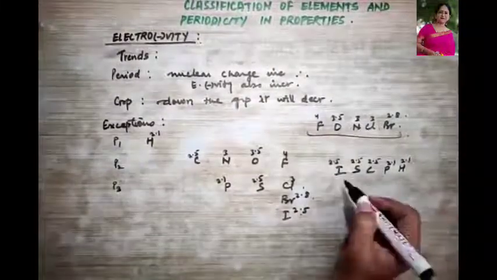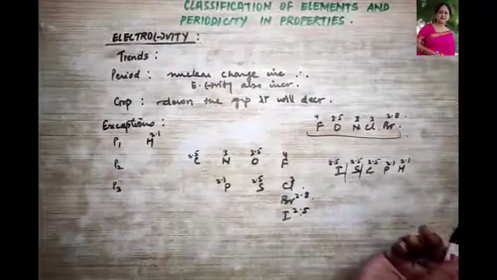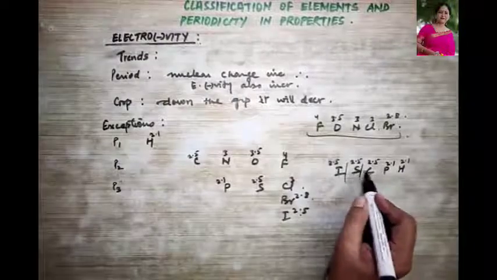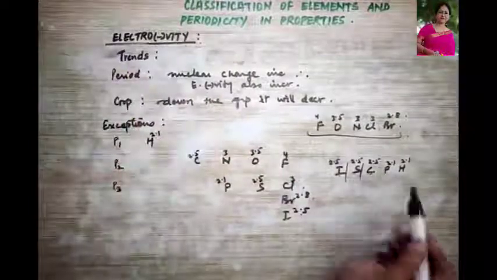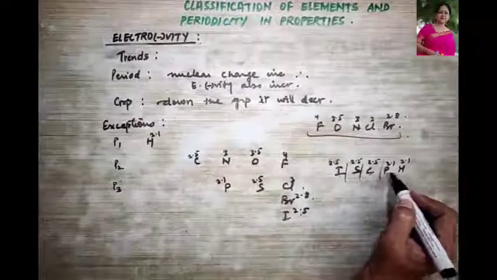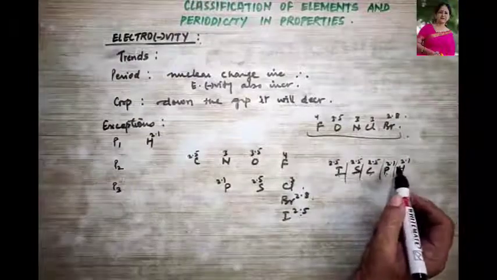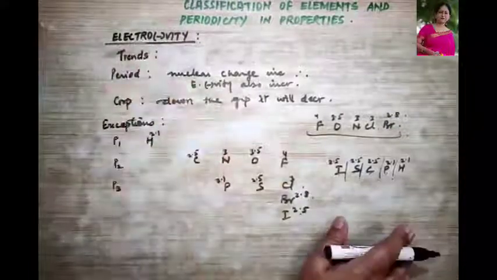Now how to remember? Look here, ISC, the class for which you are going to appear for your exam next time. Okay, so ISC they all have 2.5 electronegativity. Then look at this pH value, you remember? Both of them are going to have 2.1 electronegativity.